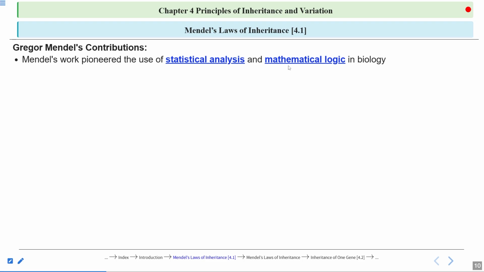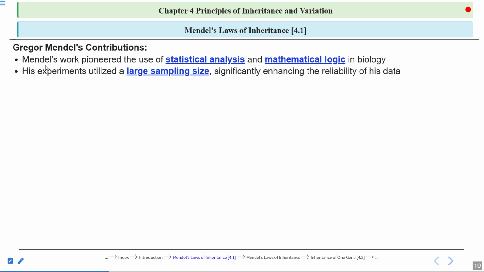And this was not accepted by the other biologists because they were against the use of statistical analysis and mathematical logic. So a lot of the scientists at that time rejected Mendel's work. Okay, but this was actually good. Statistical analysis is always good for the results. Now, Mendel's experiment utilized a large sampling size, significantly enhancing the reliability of his data.